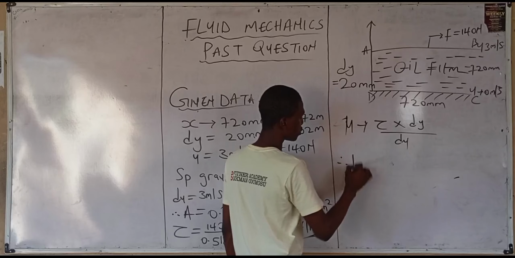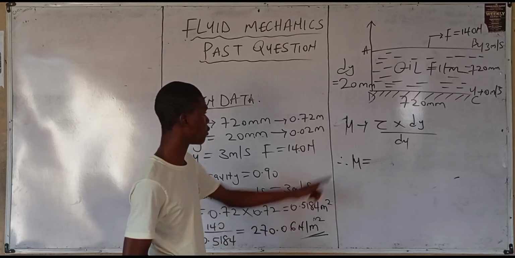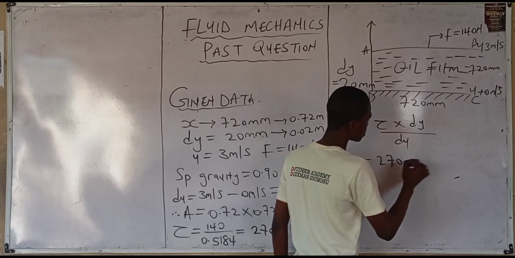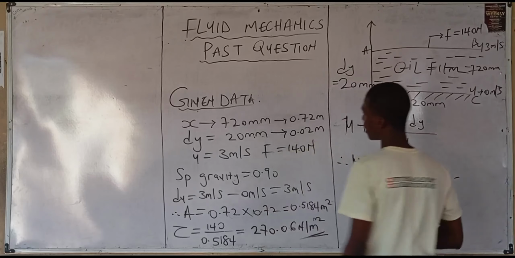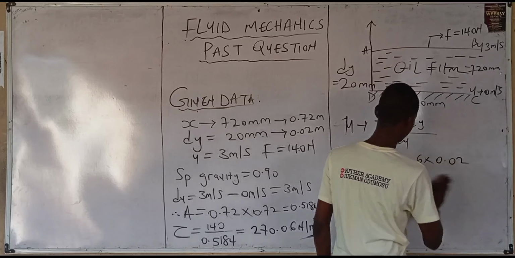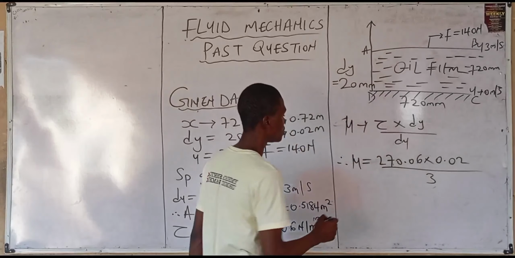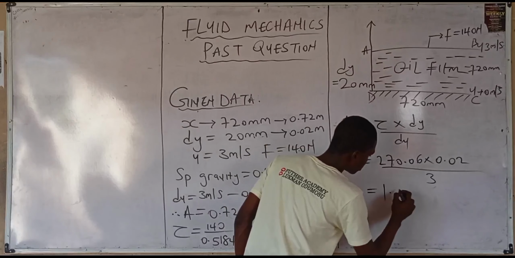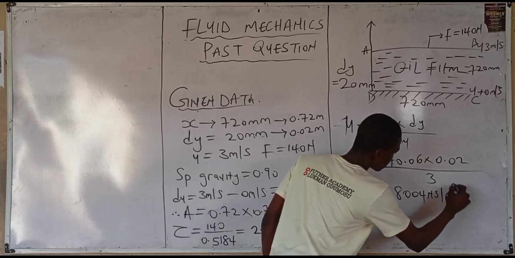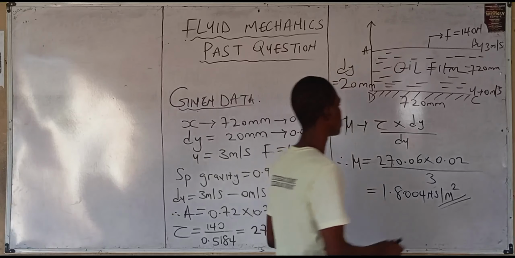So therefore, the dynamic viscosity becomes 270.06 multiplied by your thickness, that's 0.02, divided by 3, right? And this is equal to 1.8004 Newton seconds per meter square. So this is your dynamic viscosity, right? This is question 1.